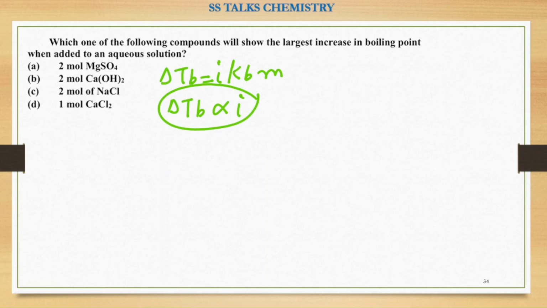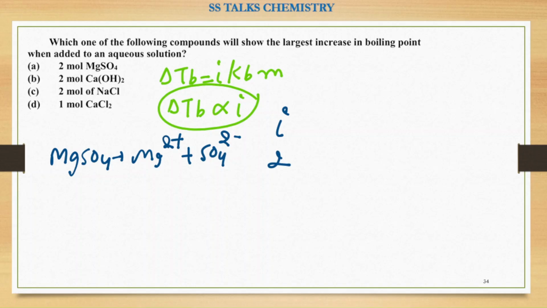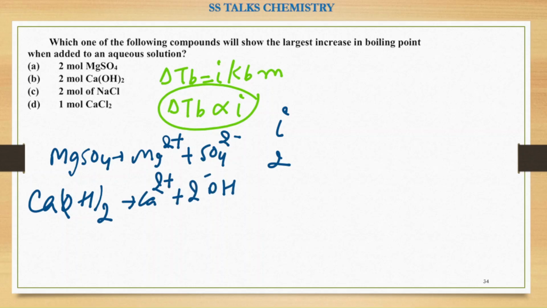Considering 100% dissociation, here we have MgSO4, it's going to give Mg2 positive plus SO4 2 negative. So the i value will be 2. Next, calcium hydroxide gives calcium 2 positive plus 2 OH negative. So the i value will be 3 in this case.